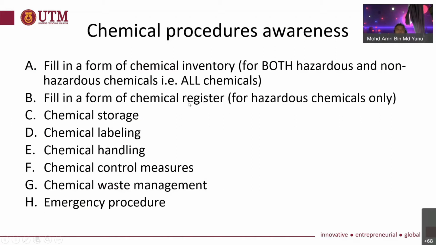For example, when handling the chemical, you must wear gloves, you must wear goggles, and at some stage you have to wear a mask or mask with filters to avoid any inhalation of the fumes of the chemical.